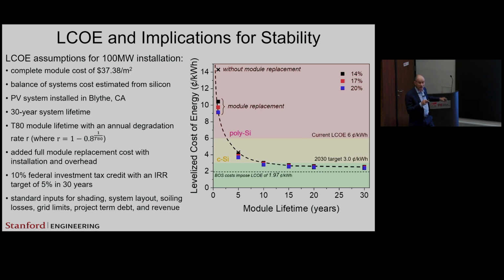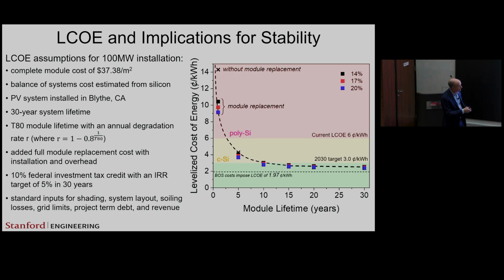And in fact, they even include now in our models recycling costs. Here's the remarkable thing. Okay, so other things that we've assumed here, T80 lifetimes in the usual way, normal degradation rates, replacement costs are included. You know, there's different tax incentives that are included in the model as well. Here's the remarkable thing.